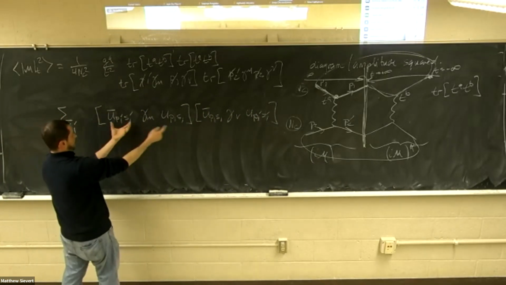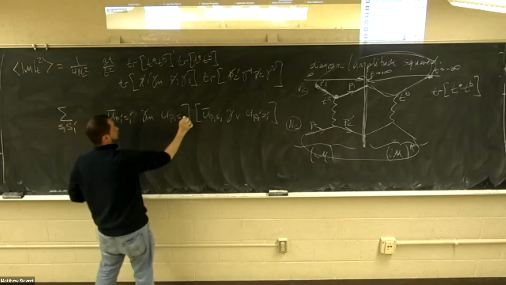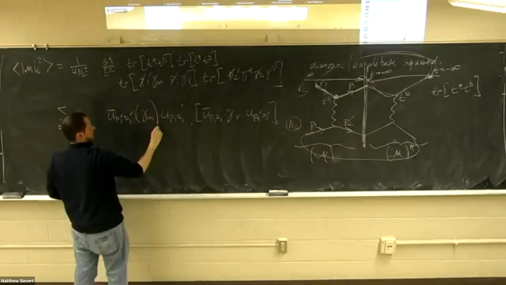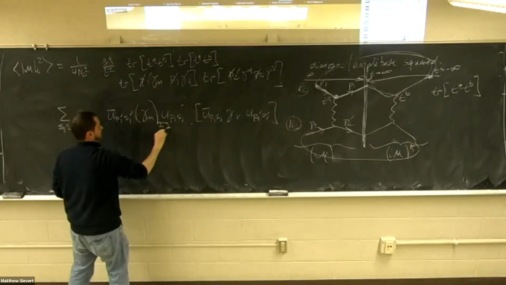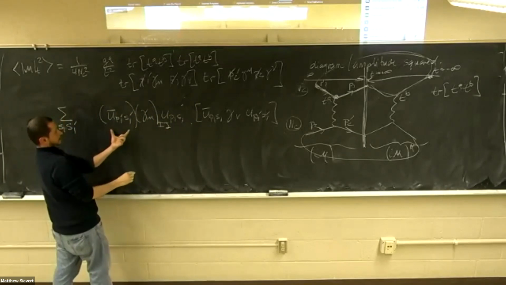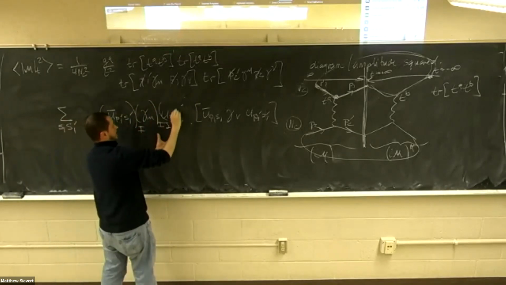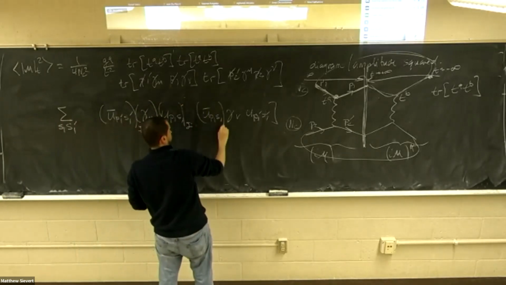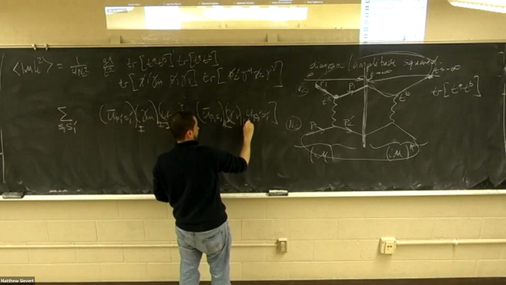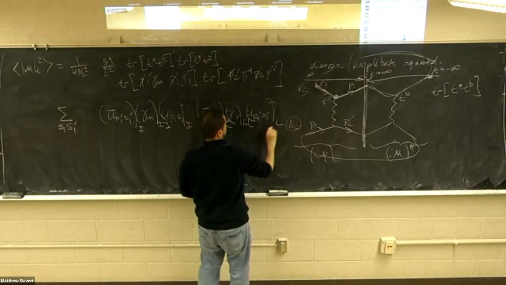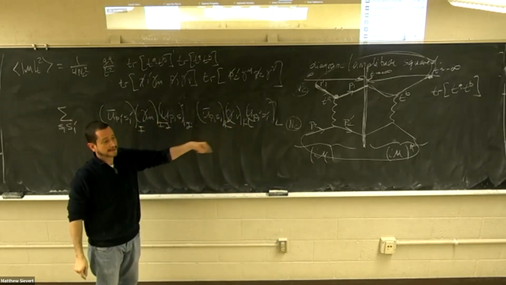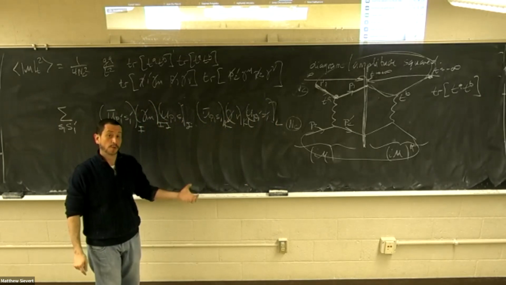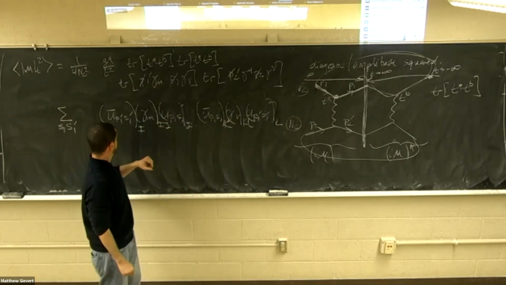The next step is I write this thing explicitly in terms of Dirac indices. If this has indices I, J, then this has index I, this has index J. In the same way, this would be K, this one is KL, and this one is L. Those are the indices 1, 2, 3, 4 of the components of the Dirac spinor matrix.